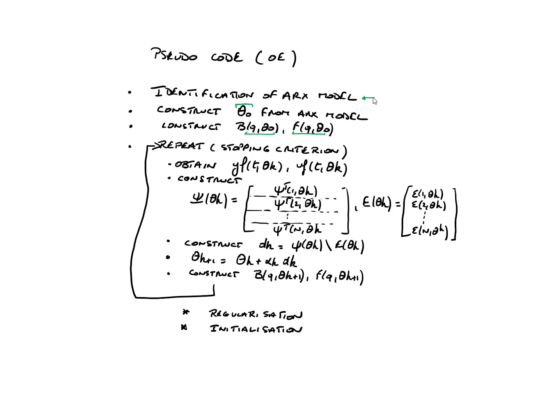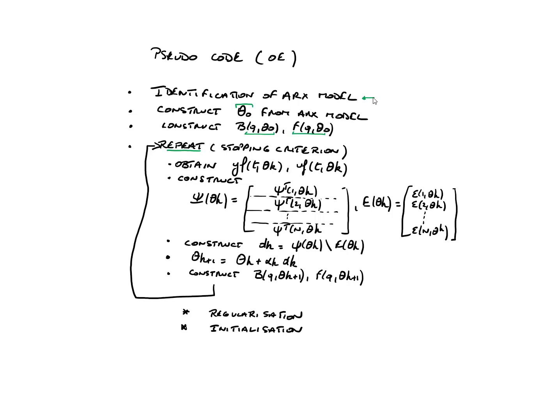And then we are going to start the iteration, and so we are going to repeat what is in here, and of course you need a stopping criterion. It could be very easy, just the number of iterations: I'm going to do 10 iterations. Or it could be a number of iterations and then looking at the prediction error, or looking at the variation of the prediction error, and so on.